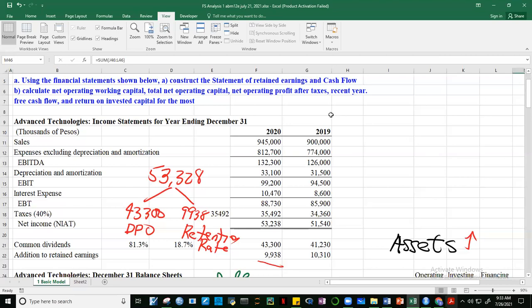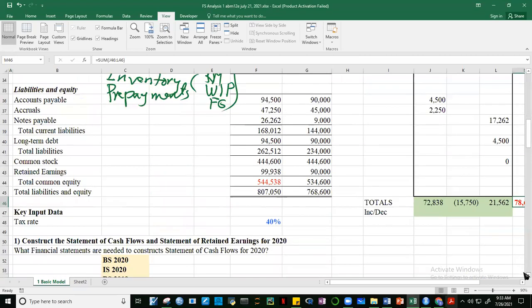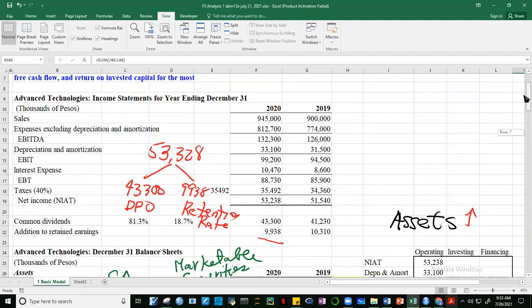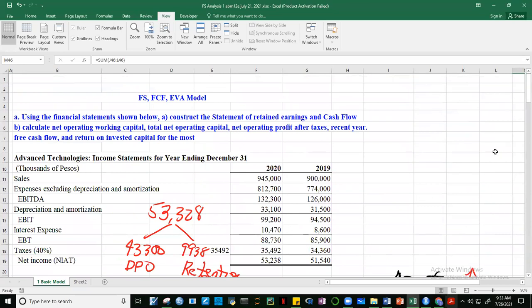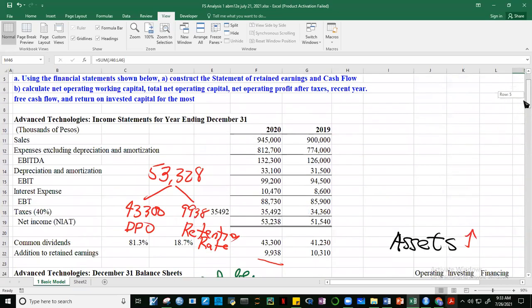Guys, look at the whole income statement. May item dyan na hindi pa kasama, tapos hindi pa natin sinasama dito. And since it involves cash, dapat naka-reflect dito yun. Look carefully, guys.